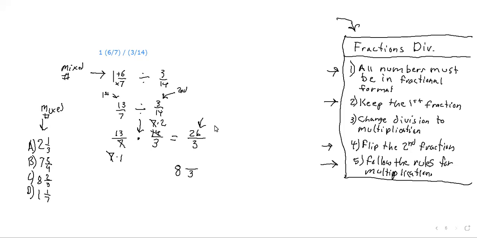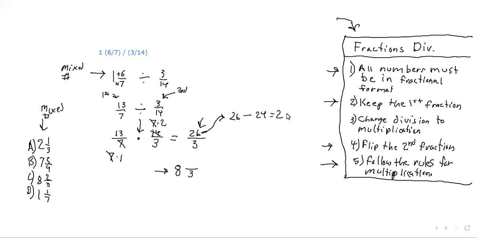Now for the numerator, here's how we get it. We take the original numerator of 26, and we subtract from it what we get when we multiply the whole number times the denominator. So 8 times 3 is 24. We subtract that from the 26, and we get 2.